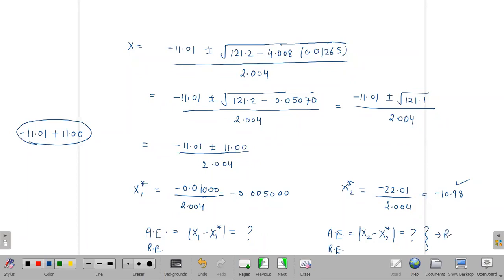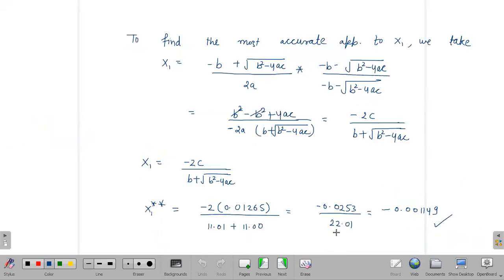Actually, this is required in the question. This is required because you have to find the absolute and relative error with the most accurate approximation. So it is okay with x2, but it is not a most accurate approximation. So this is not required actually, but this is required. If you find x1 double star, that is the most accurate approximation now. So now you can find the absolute error x1 minus x1 star.